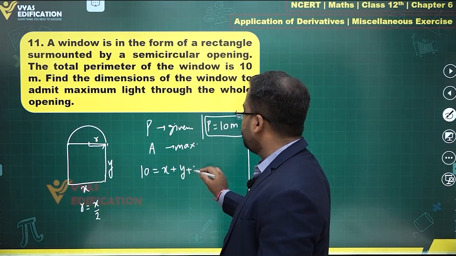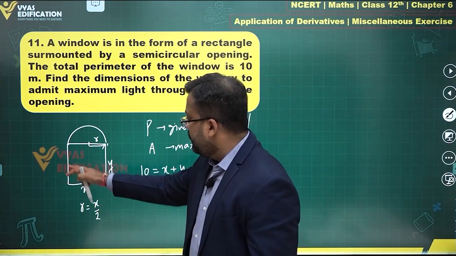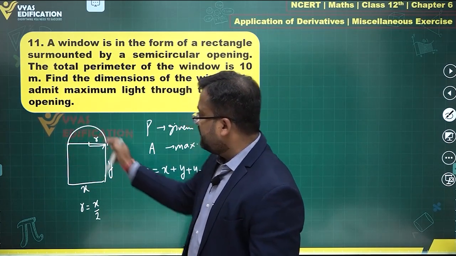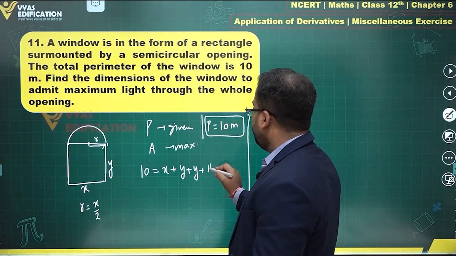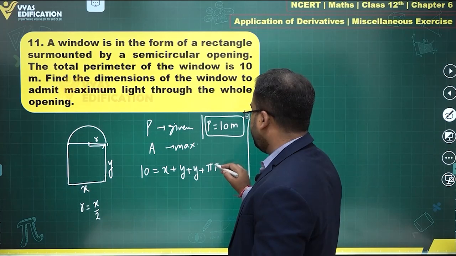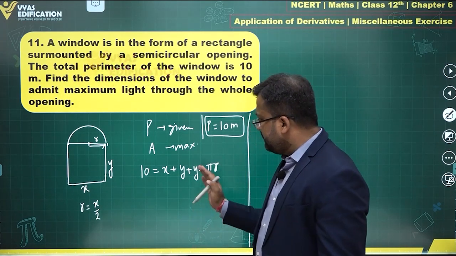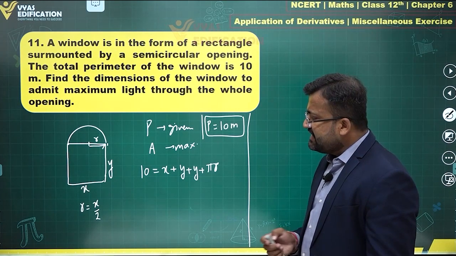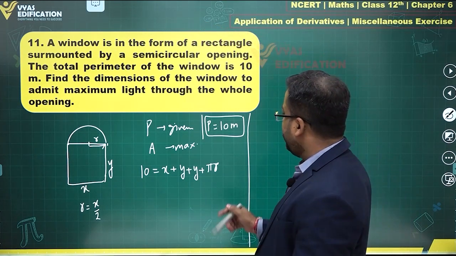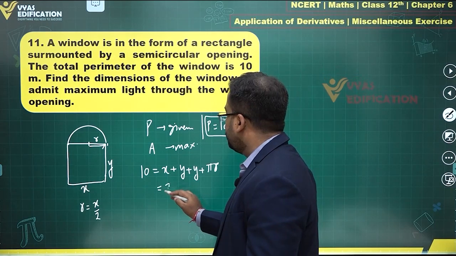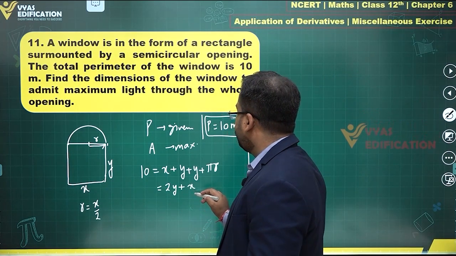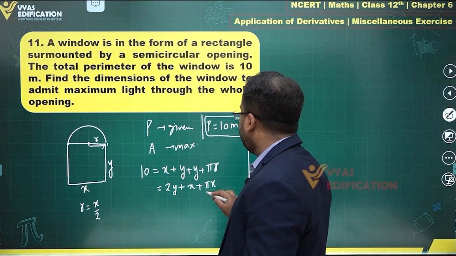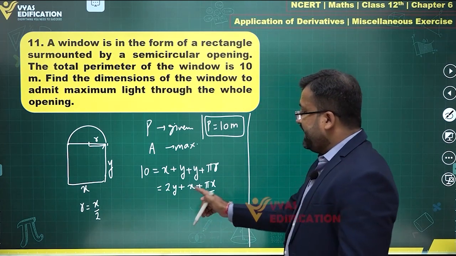It is x, y, y, and this semicircle, which will be pi r. The radius is simply x by 2, so I can write pi x by 2. So 10 equals 2y plus x plus pi x by 2. You have a relation between x and y.